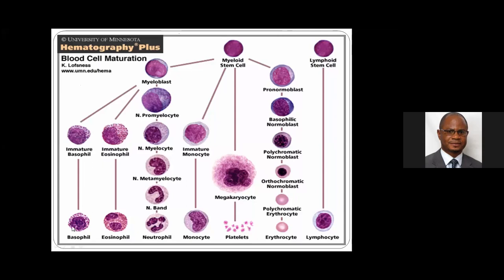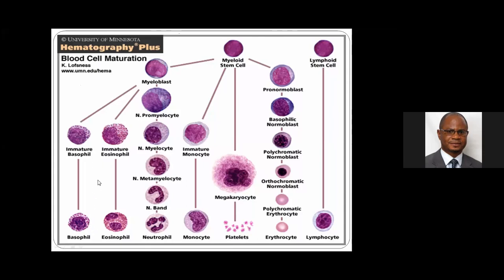We normally base on the functional cells, the ones down here. But this is to give you an idea that a neutrophil doesn't just come from the myeloid stem cell. It goes through different stages of development before it gets to a neutrophil. The same way is eosinophil and basophil. They all go through different stages.